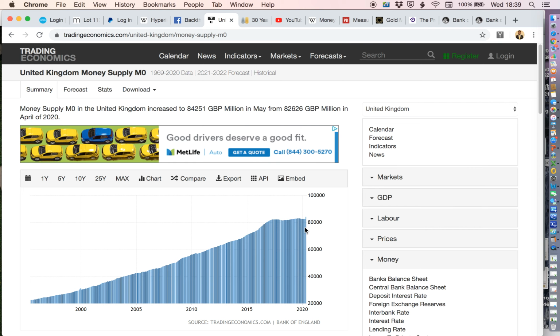Now, there's M0, M1, M2, M3, and M4. The UK tends to use M0 and M3, however, this website has broken it down further into M1, M2. It doesn't have M4, but I will explain what that is.